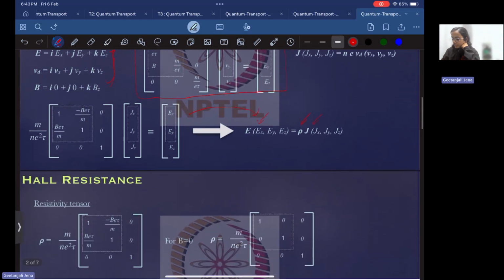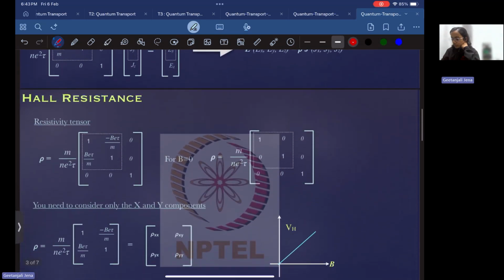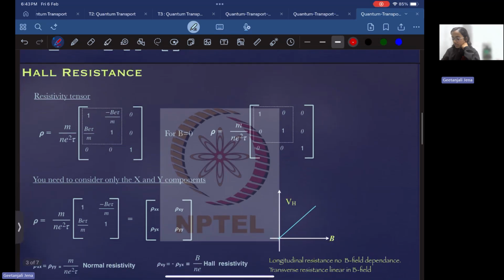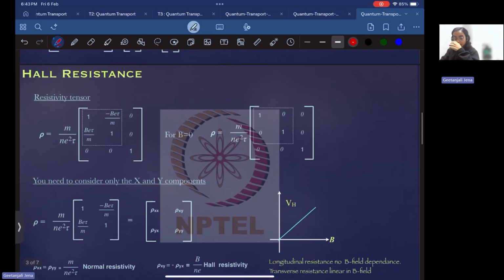If you now look at the components of this matrix, in the presence of a magnetic field we have two off-diagonal terms, and also diagonal terms which are constant. The off-diagonal term depends on the magnetic field strength. It changes with the strength of the magnetic field. But the diagonal terms are constant.